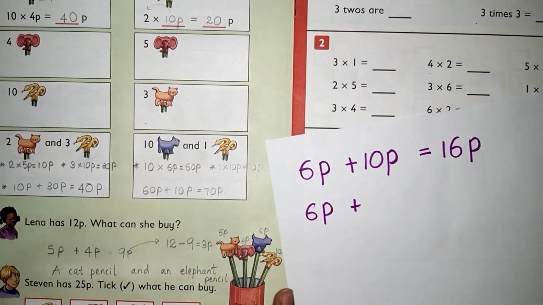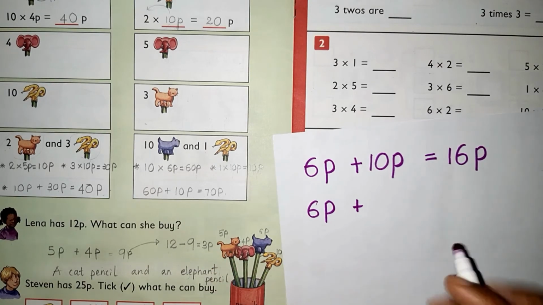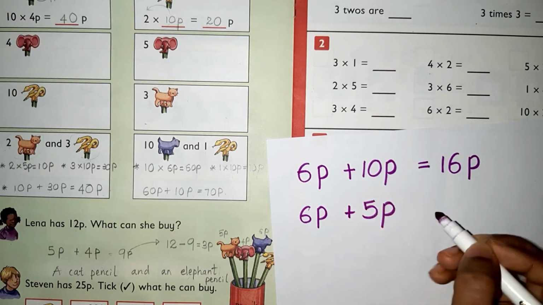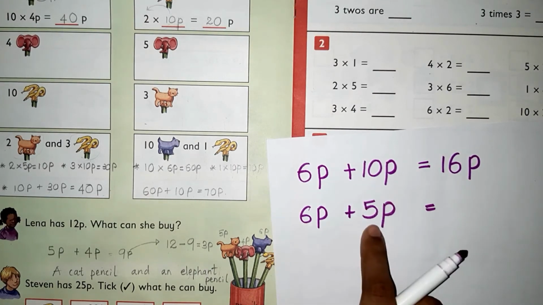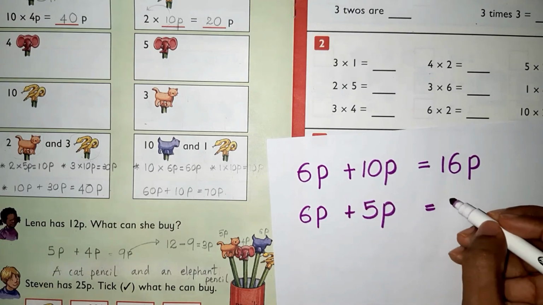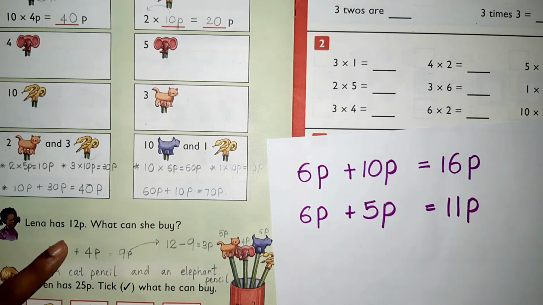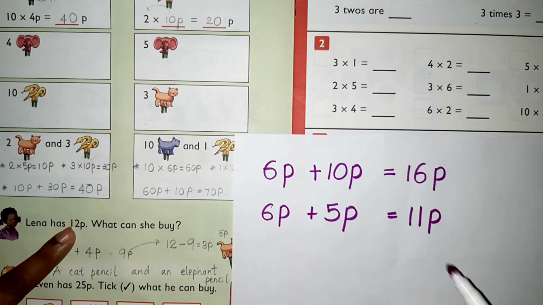Since we can't buy the snake pencil, let's choose another one. How about a cat pencil? Now I'm going to buy a cat pencil. Now 6 plus 5, we will have 11 pence altogether, and from the 12 pence we can pay this 11 pence. It is possible.